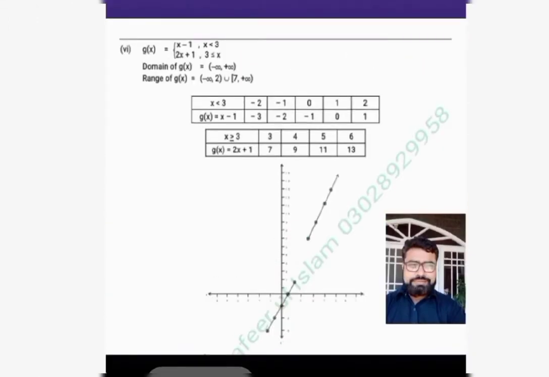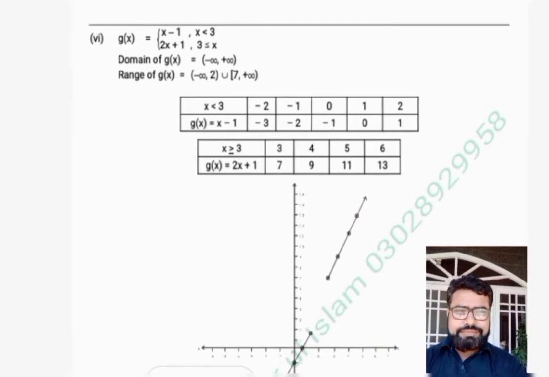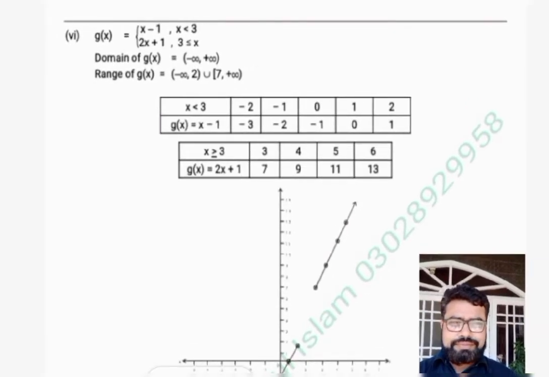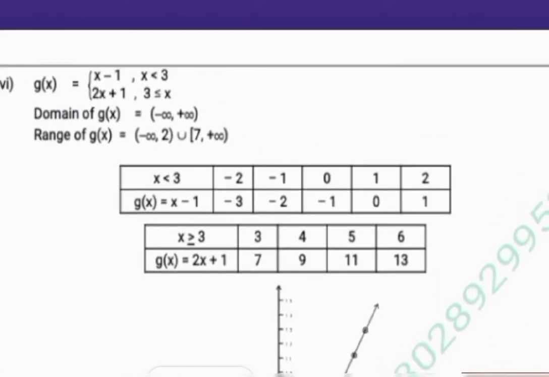Now we will plot the graph of part number 6. Here is a function, and as I've told you earlier, this is a piecewise function. As there are two pieces, it is a piecewise function. There are two functions. One function is for x less than 3, and the other function is for x greater than or equal to 3.